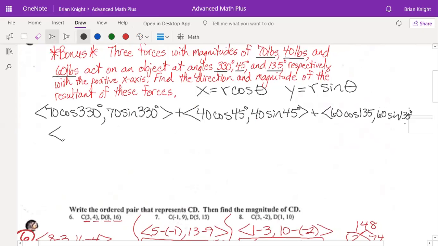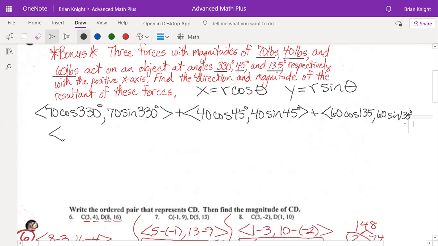And in your calculator, you add all that up. So 70 cosine of 330, make sure you close your parentheses, plus 40 cosine of 45, plus, again, close your parentheses because it opens them for you, so you have to close them on your own.